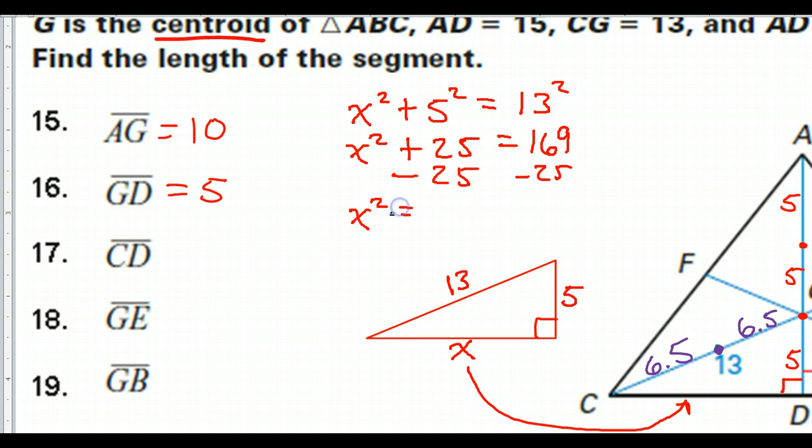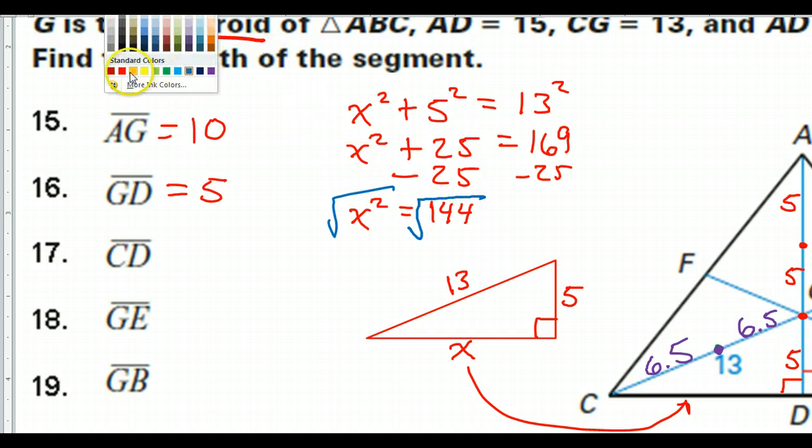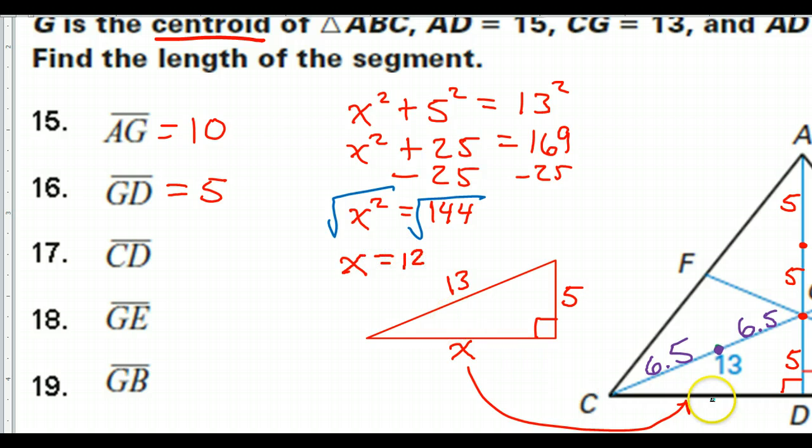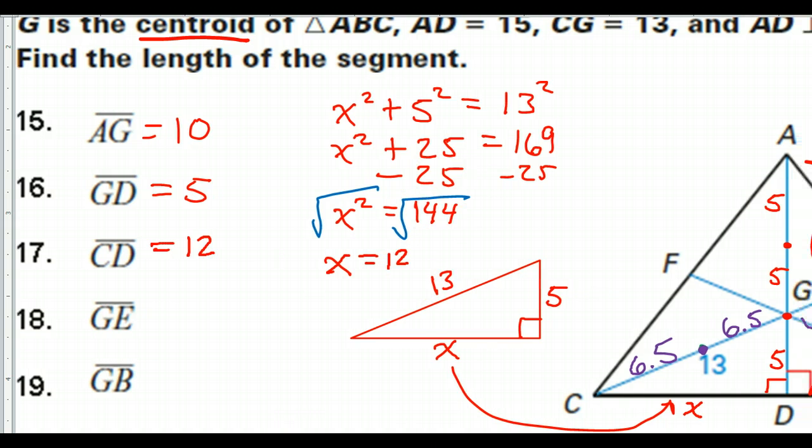That's going to give me x squared is equal to 144. So if I take the square root of both sides, that's going to give me x equals 12. That means that x is 12, CD is 12. So every now and then you're going to have to do the Pythagorean theorem. Always watch out for that.